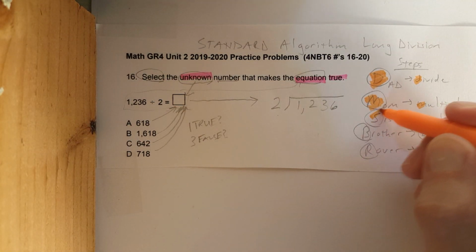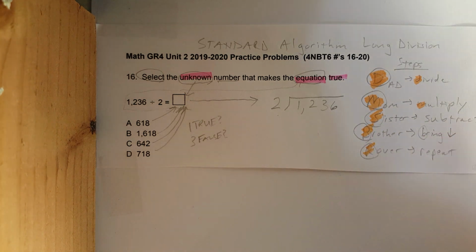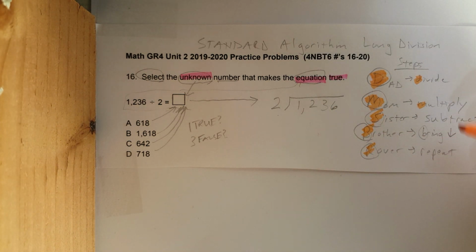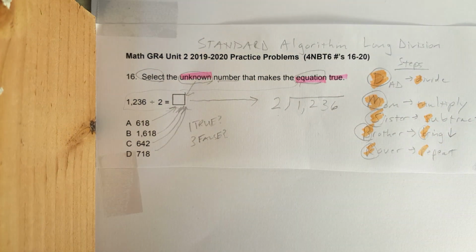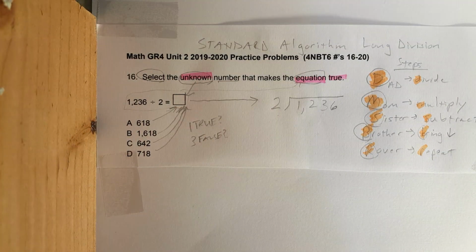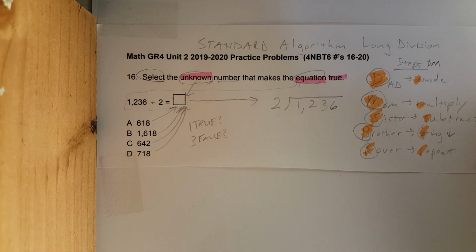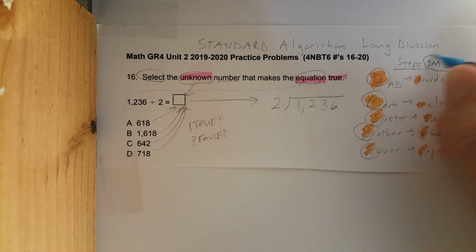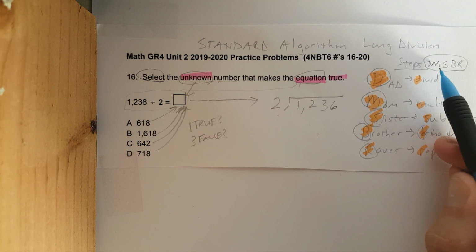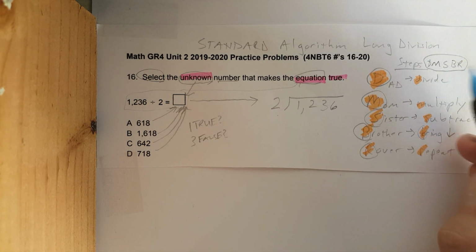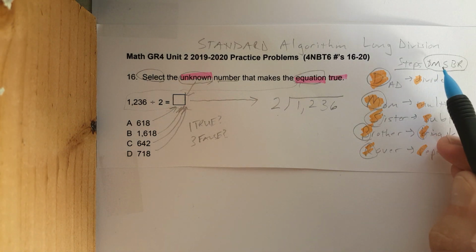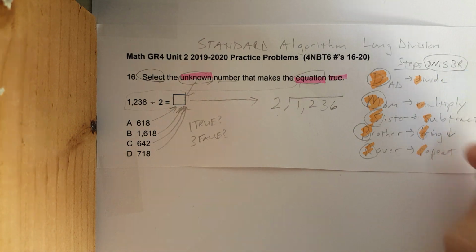So memorize this: DMSBR. Dad, mom, sister, brother, rover. Divide, multiply, subtract, bring down, repeat.